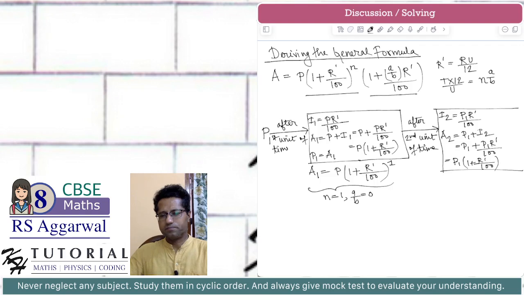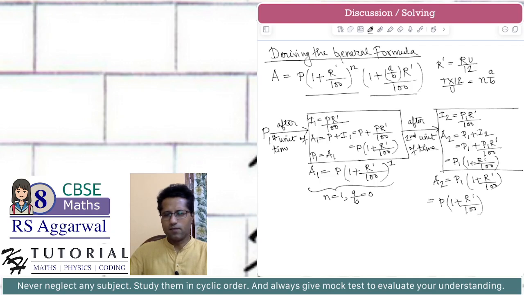This is A2. Now, from the previous results, we know that P1 is equal to A1, which is P multiplied by 1 plus R dash by 100.